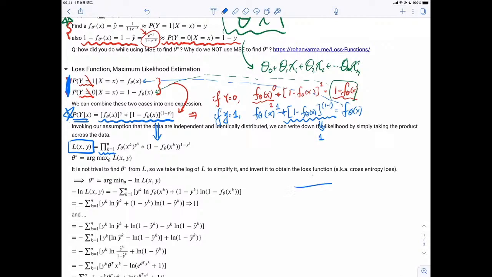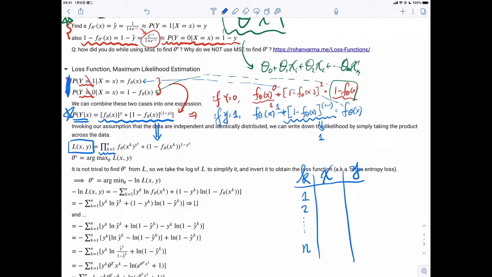For example, if you have data like this, the first data, the second data, and you have n data, and you have x right here, and you have y right here.